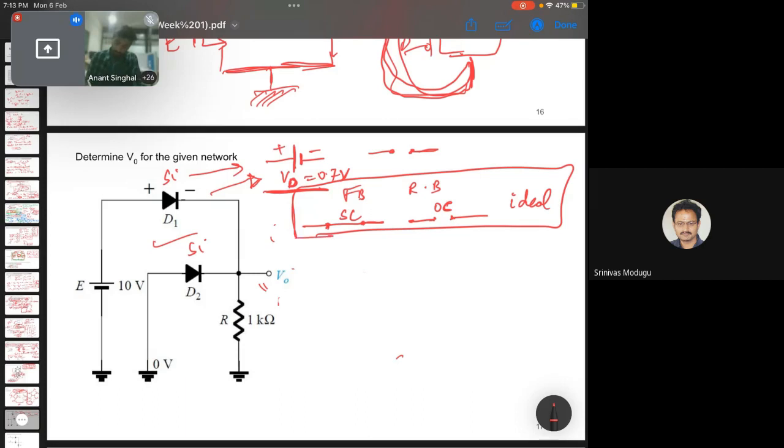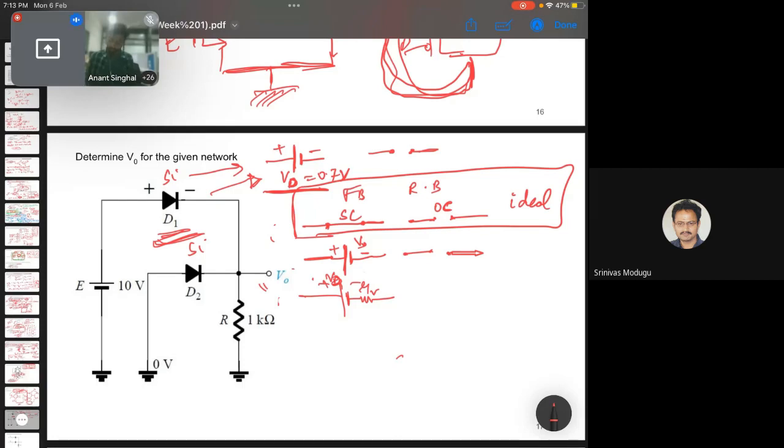Now if I talk about a more practical case, which is this question, it has a silicon diode. So we will assume that it has a voltage drop across it, which is VT, and in the reverse case, it will be an open circuit only. This is the second case that we'll consider, that there will be a drop across the diode. And the third and most practical case is when we take the internal resistance also, which is R, which has some value, and a voltage drop.